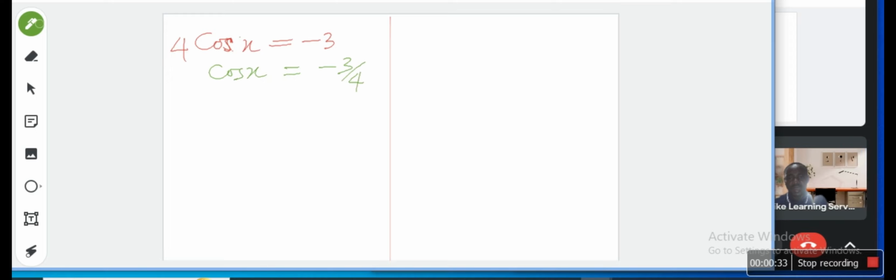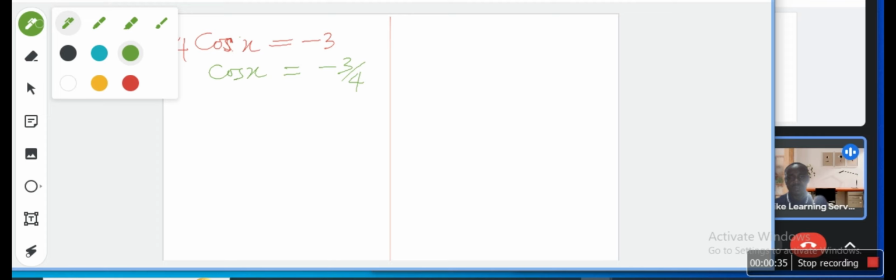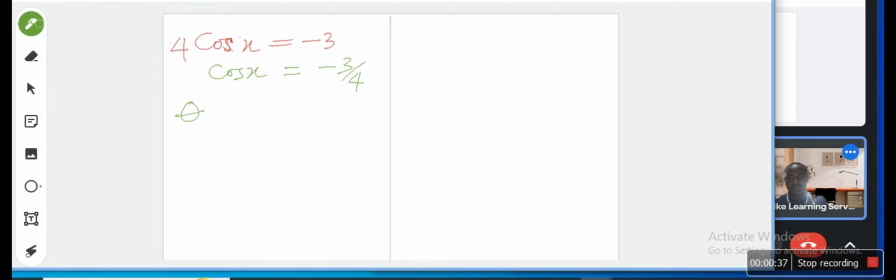And I need you to give me the values of x. So theta is equal to cos inverse of 3 over 4. Give me the value. I told you when you are doing it, ignore the minus first. Just do cos inverse of 3/4. We look at it later.